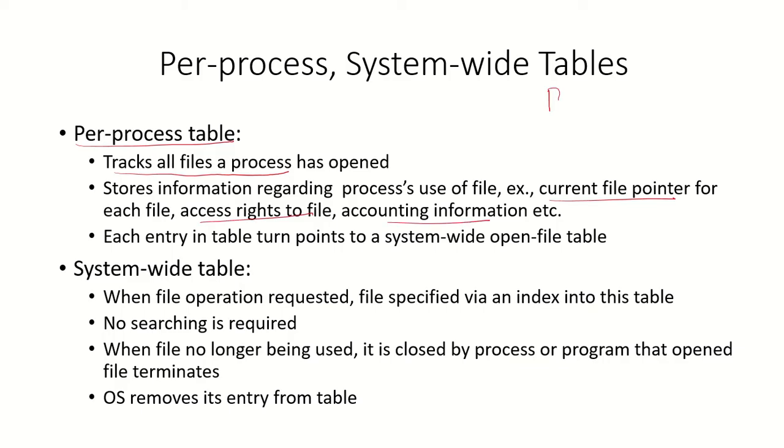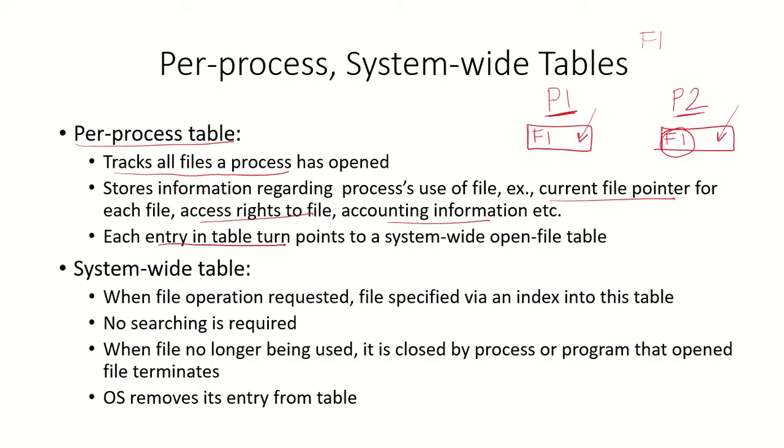So suppose P1 has opened a particular file F1 and process P2 has also opened file F1, then for process P1 there will be a process table, and for P2 also there will be a process table, and F1 will have an entry in both. Whatever is the current file pointer for P1 will be kept in the process table of P1, and whatever is the current file pointer for P2 for file F1 will be kept in the process table for P2.